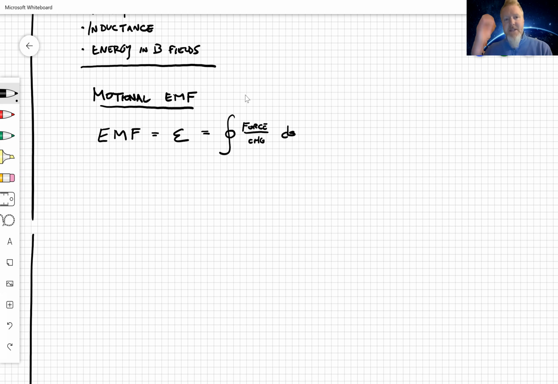Essentially, it's like the work done. You see what happens here is that if you integrate the force per charge, if you examine the charge as a constant, the charge could leave, and then you'd get 1 over the charge times the integration of F dS, and this is the work.